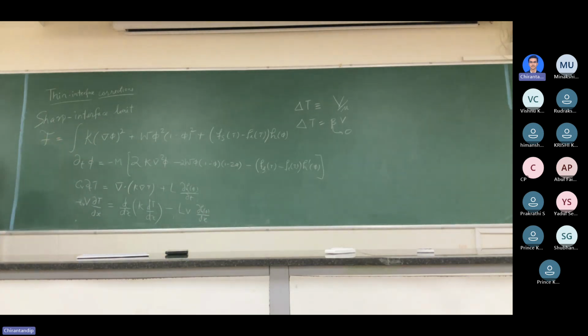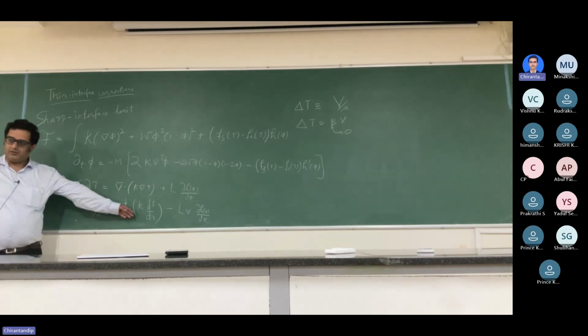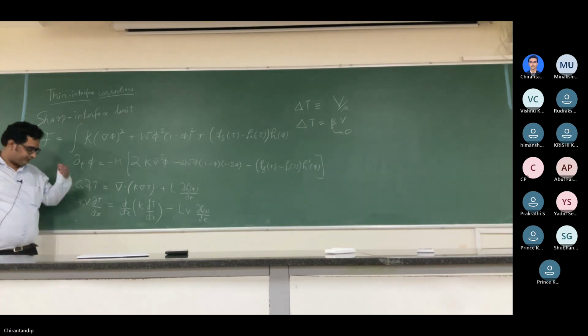We'll have something like this. This is the equation of motion in a frame that is moving along with the interface, without velocity.